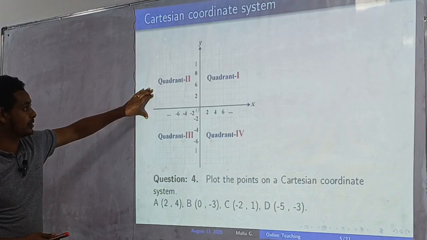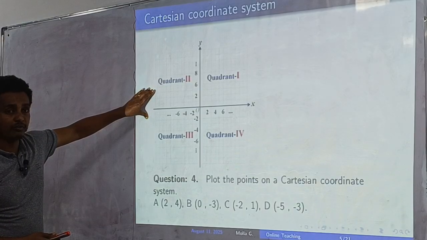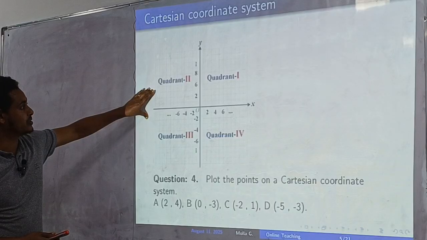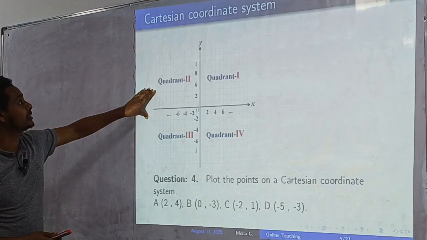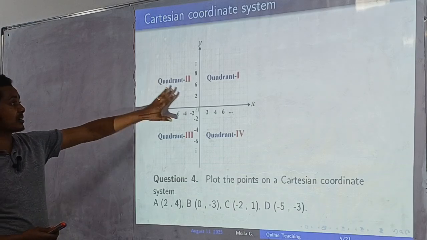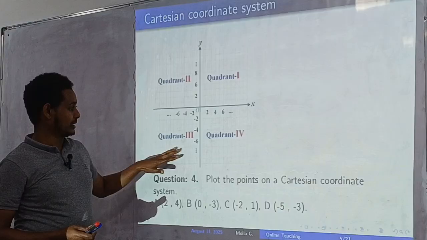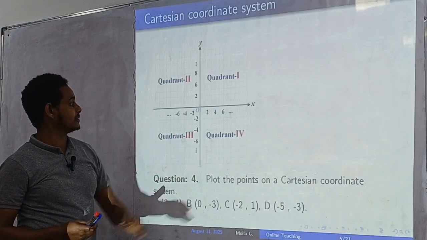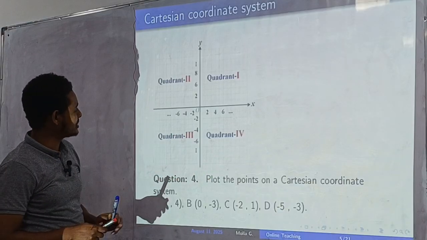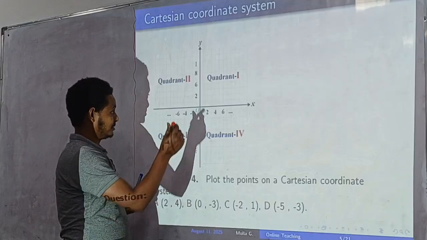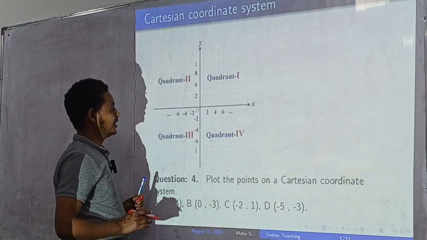These regions are what we call quadrants. If we divide something into 4, that is a quarter, right? In terms of the Cartesian coordinate system, it is quadrants, named quadrant 1, 2, 3, and 4. And the intersection of these two lines is simply a point, which is the origin.